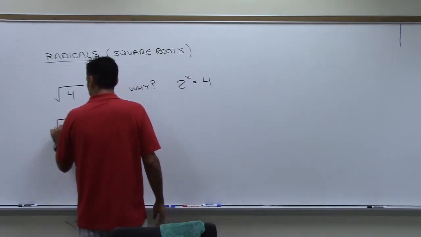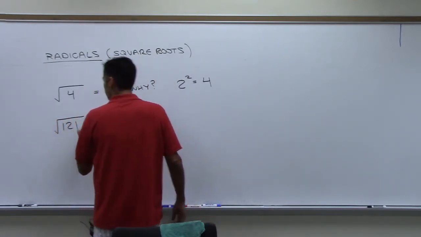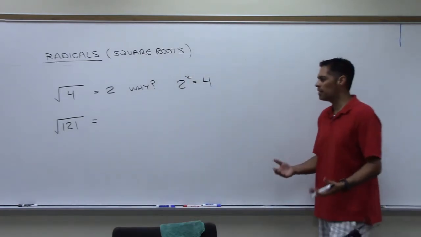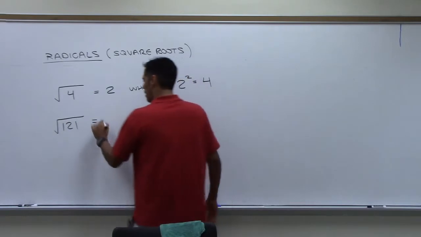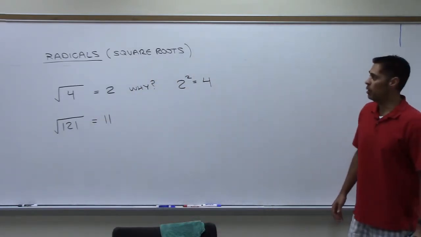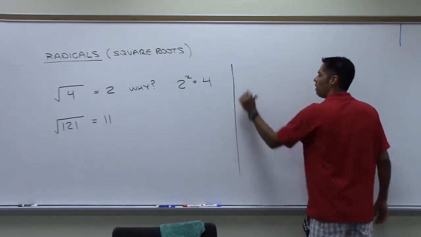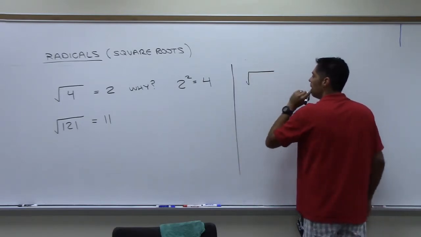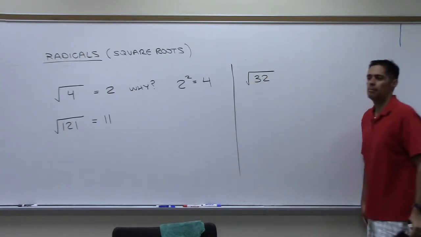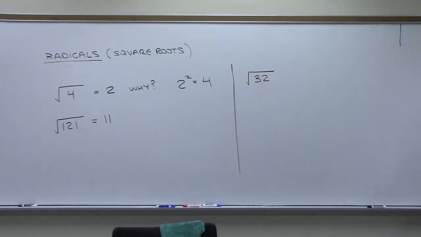We have very common ones that we should all be familiar with. 121, that's a perfect square. It's 11, right? And then we have less common ones that are harder to come up with. What's that? Root 32?